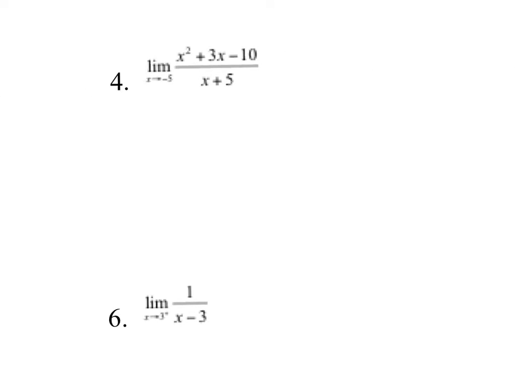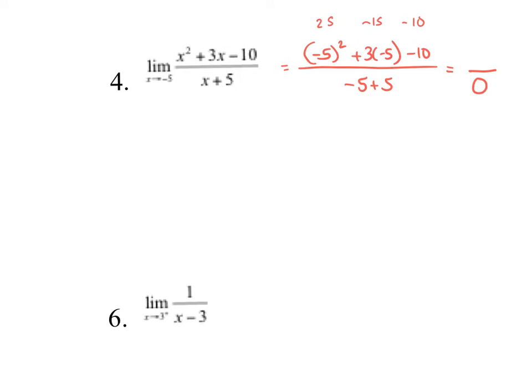Now this one is the first one where I plug it in. So if I get negative 5 squared plus 3 times negative 5 minus 10 over negative 5 plus 5, well, the bottom gives me 0. So anytime you have a bottom of 0, we know we have problems. And the top we have 25 minus 15 minus 10, so that is 0 as well.